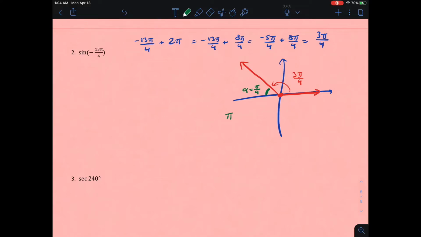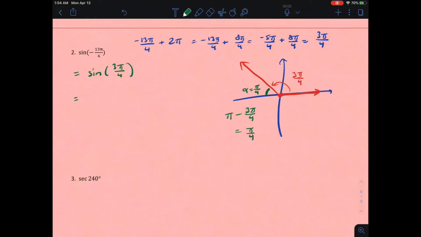One way you can do that is you can take pi and subtract it by 3 pi over 4. And when you do, you're just left with the reference angle that you're looking for. So at this point, I want to find sine of negative 13 pi over 4. This, by the way, when we did coterminal angles, is the same thing as sine of 3 pi over 4. Because remember, coterminal angles have the same trig values.